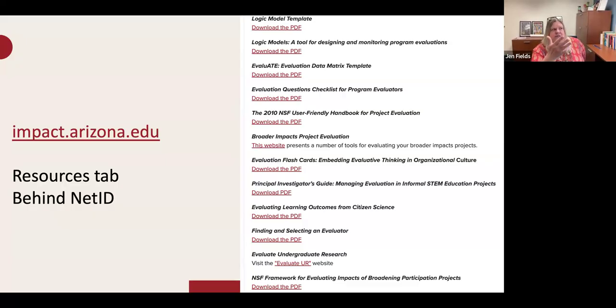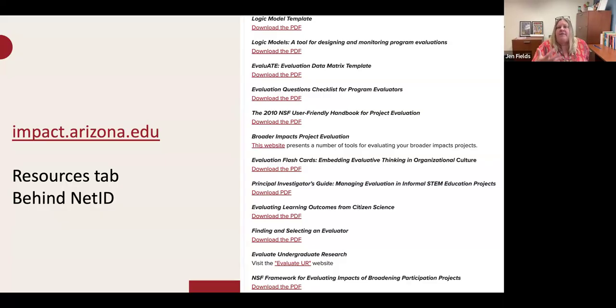But a lot of these, you'll see the first thing is this logic model template that we showed on the slide. One of them about halfway down, the principal investigator's guide to managing evaluation in informal STEM ed projects. It's not new by any stretch, but it really helps the PI, the science researcher, who this is not their forte necessarily, but it's a required part of their grant that they're applying for.